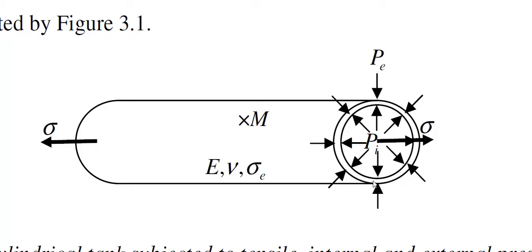The radial displacement ur will depend only on the radial position of the point. It does not depend on the circumferential and the longitudinal coordinates of the point. So ur depends only on r.